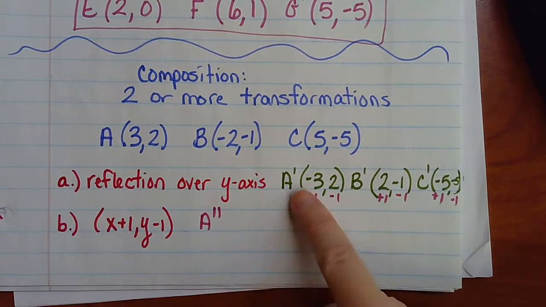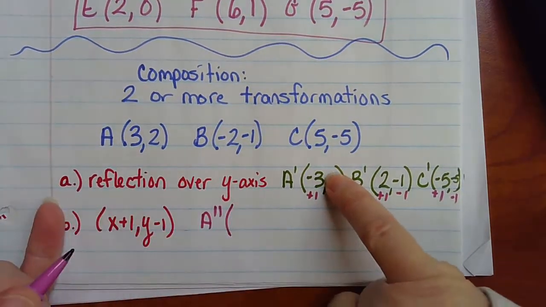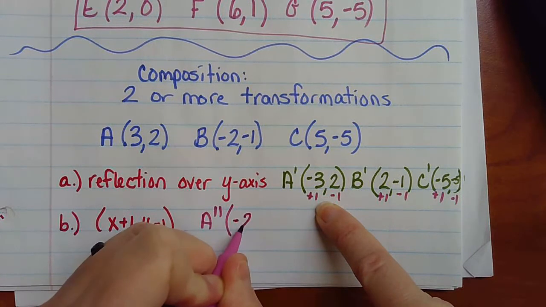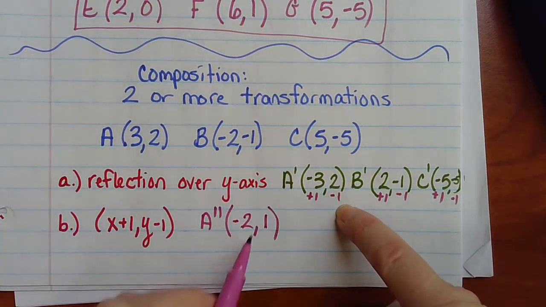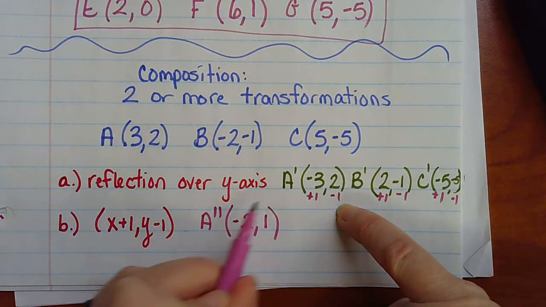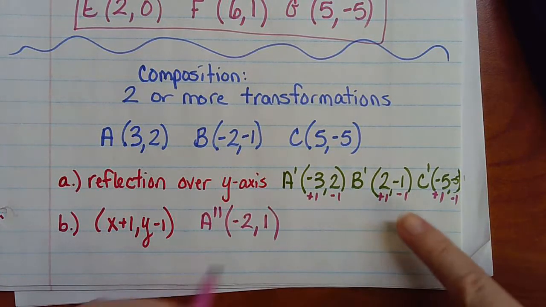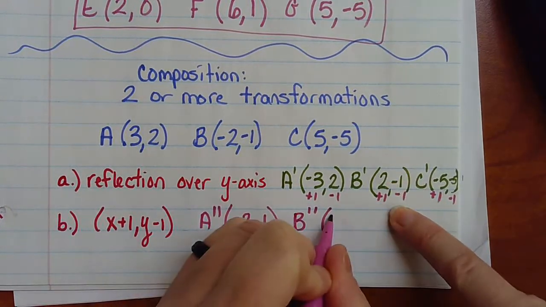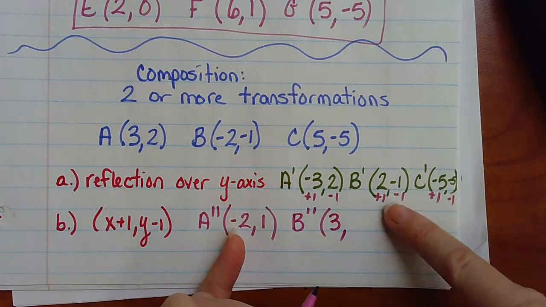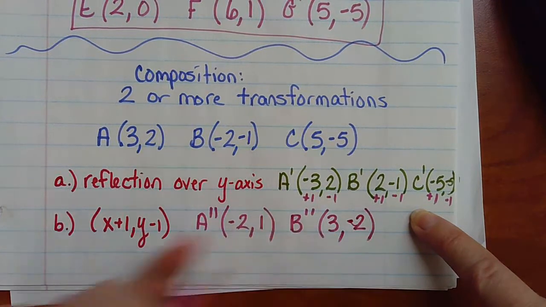So a double prime would be, if I take -3 plus 1, I get -2. 2 minus 1 is 1. So that would be my final answer for that point. B double prime, 2 plus 1 is 3. -1 minus 1 is -2.